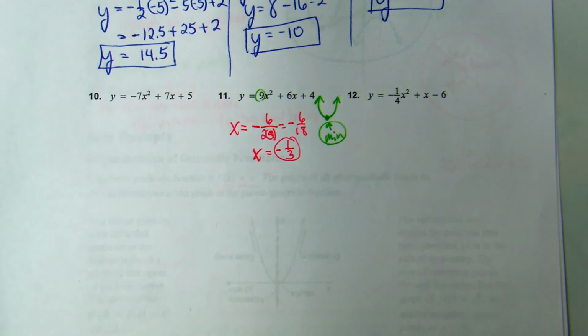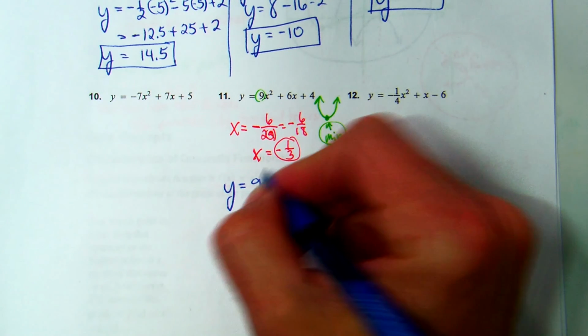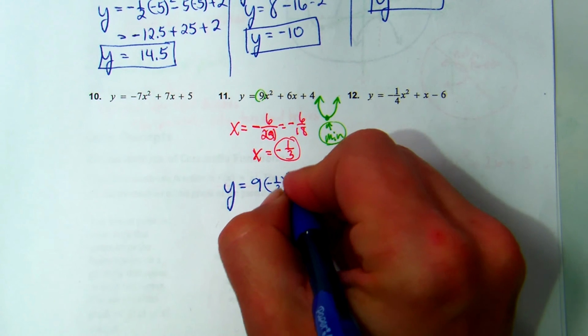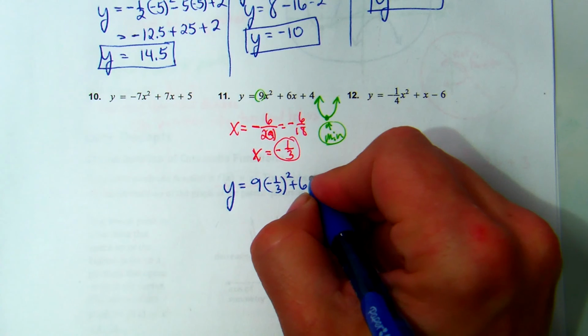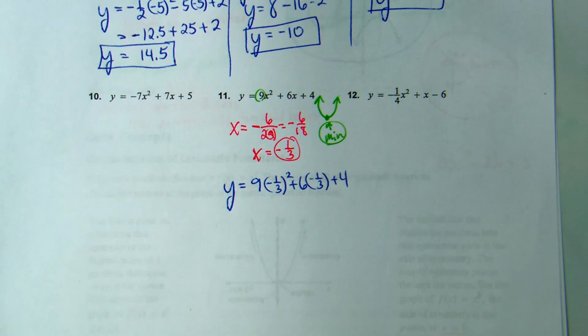Let's plug that back into the original equation. We have y equals 9 times a negative 1/3 squared plus 6 times a negative 1/3 plus 4. And really, these are going to probably start to cancel each other out because everything's going to be divisible by 3 anyway, right?